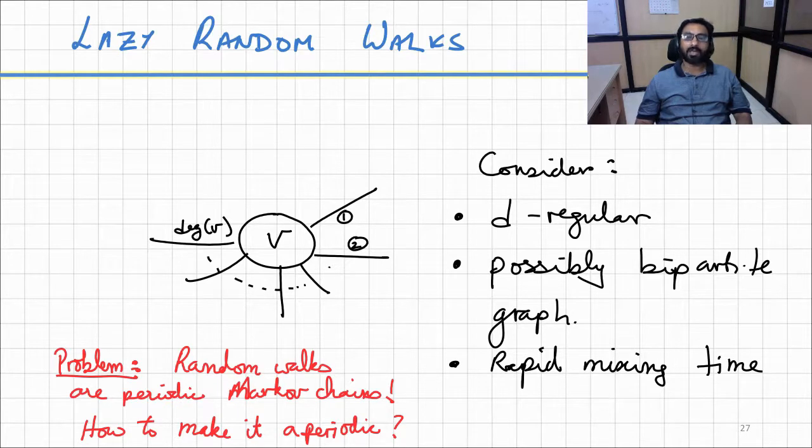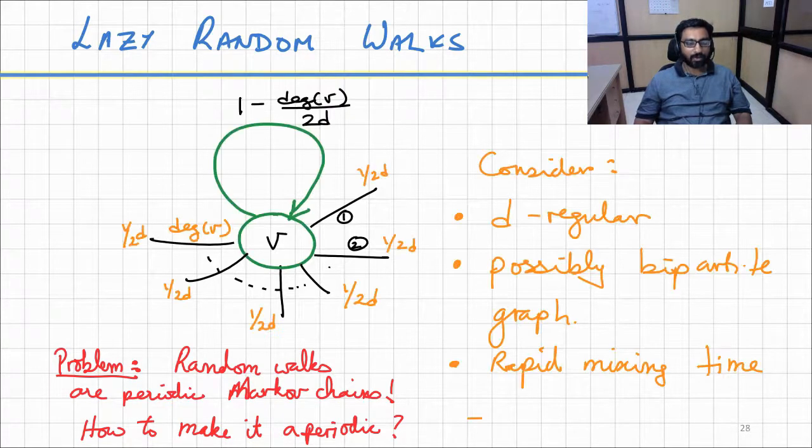So the question now is, how are we going to assign the transition probabilities? Instead of transitioning with probability 1 over the degree of the vertex V, we're going to transition to neighbors with probability 1 over 2d, where d is the max degree. So every edge incident at V gets a probability of 1 over 2d.